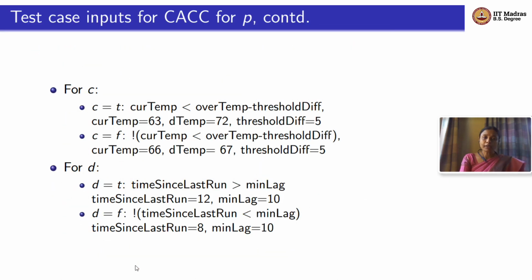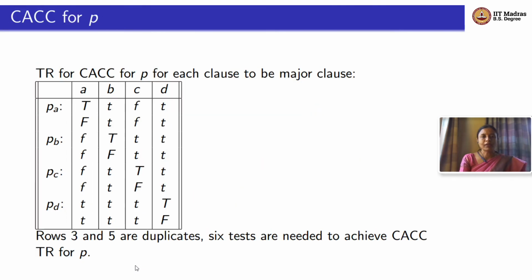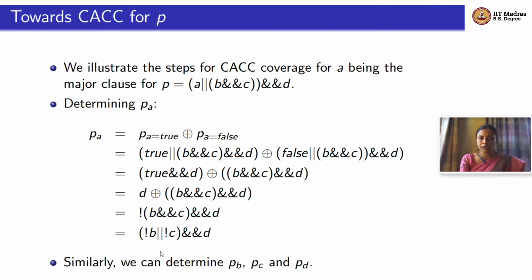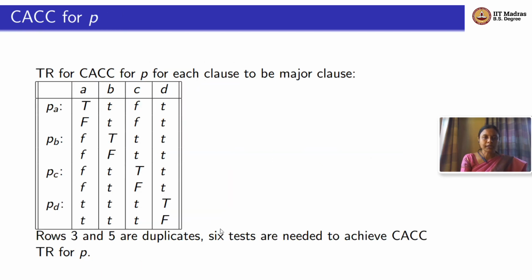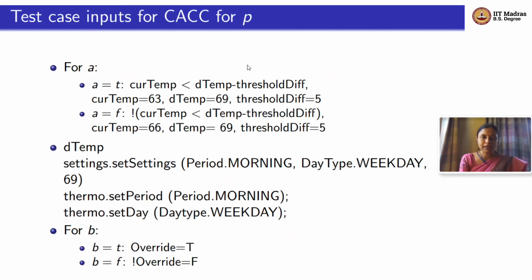So now one important thing that I would like you to remember is we took this predicate, we solved it using the algorithm, we wrote this table, and when we came here, I told you, okay, A is true, A is false, assign values. Current temperature should be some value less than desired temperature minus threshold difference. This was a small enough example.